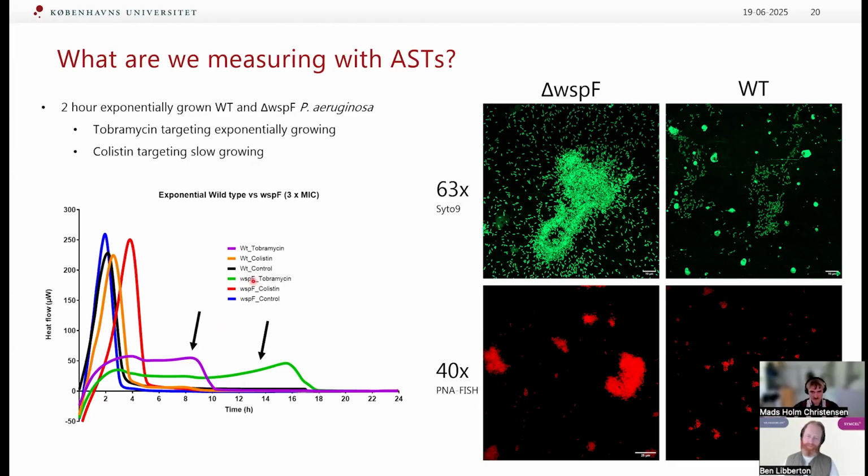They're both very much inhibited by tobramycin treatment, and they don't really care about colistin, which looks more like the untreated control. And as you can see in the microscopy images, it's just to show that the mutant actually forms biofilms within these 2 hours and at a much larger scale than the wild type does.